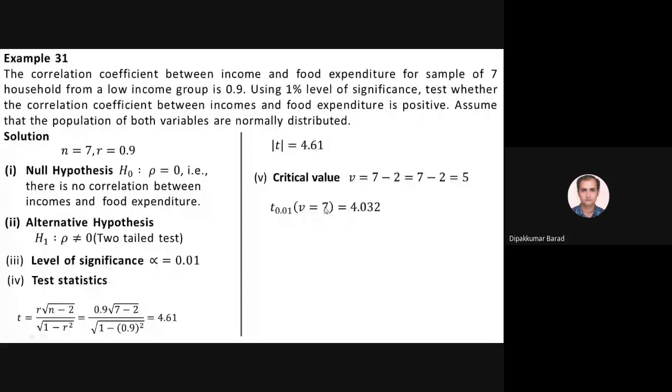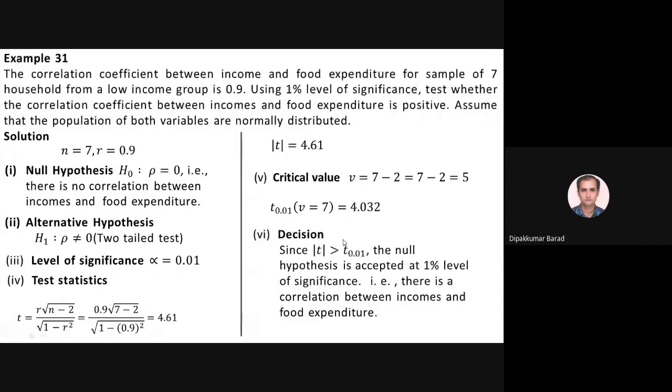Okay, now mod t greater than t at 0.01, so the null hypothesis is accepted at 1% level of significance. Not accepted. Since mod t is greater than the table value, the null hypothesis is rejected.